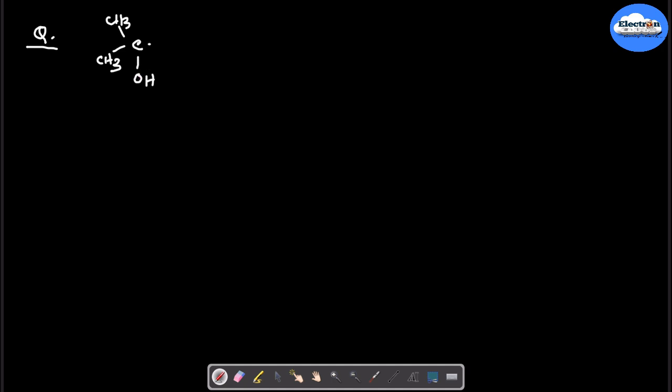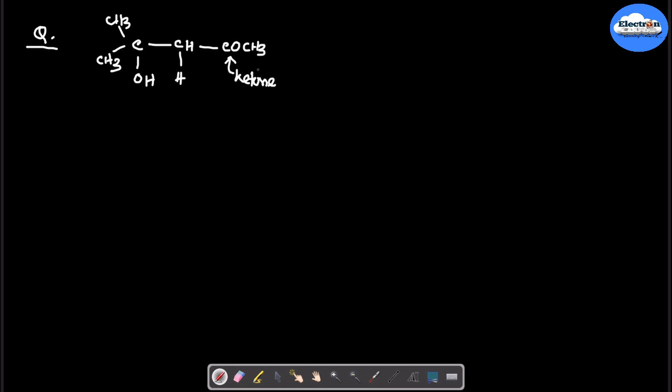Okay, now the adjacent carbon, that is CH, is attached to a hydrogen atom, and further it is attached to COCH3. So this is a keto functional group.